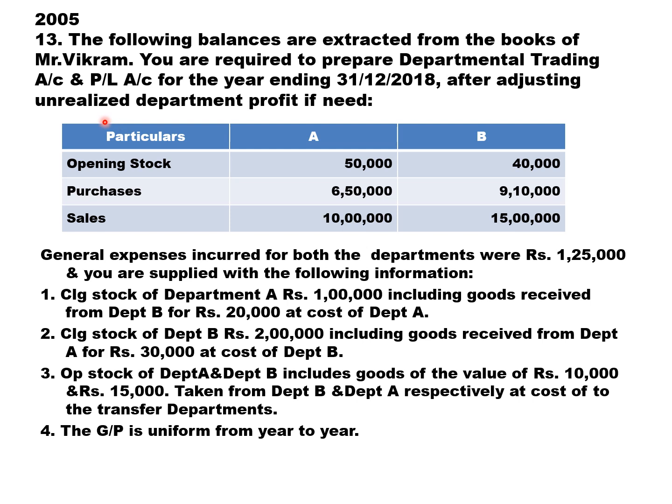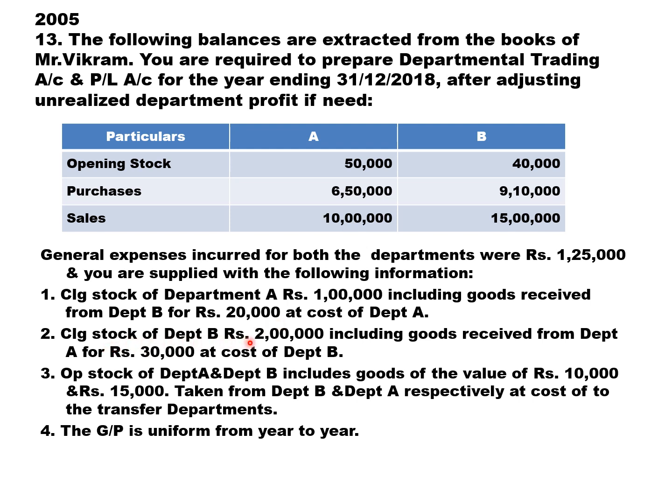Taking this as a cue, we calculate unrealized profit, that's called stock reserve. So 20,000, I repeat 20,000, should be adjusted regarding unrealized profit.